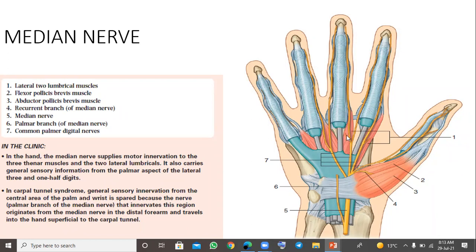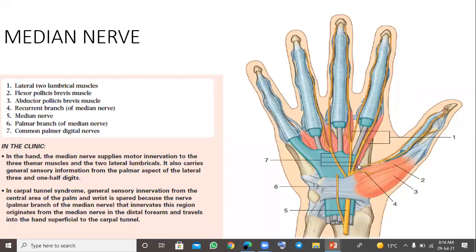To the second lumbrical muscle. So the median nerve supplies basically 5 muscles on the hand: the first and second lumbricals and the 3 thenar muscles. The remaining muscles are supplied by the ulnar nerve. The ulnar nerve is the main nerve supply to the hand.